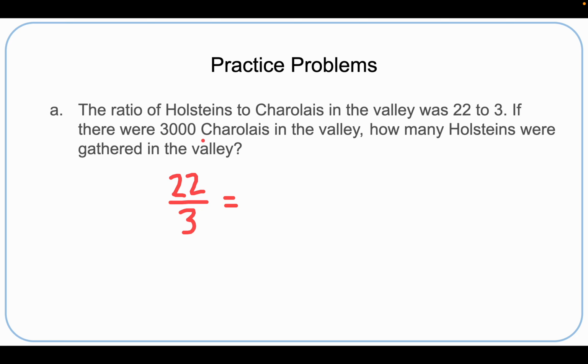And it says there were 3,000 Charolais. So we're going to put 3,000 in our other ratio in the denominator. And then the unknown is H here in the numerator. Then we can cross multiply and we get 3H equals 22 times 3,000. That would be 66,000.